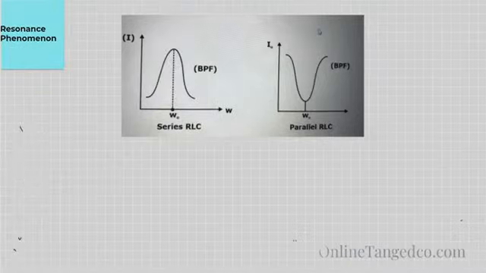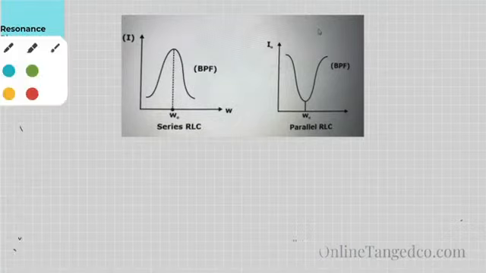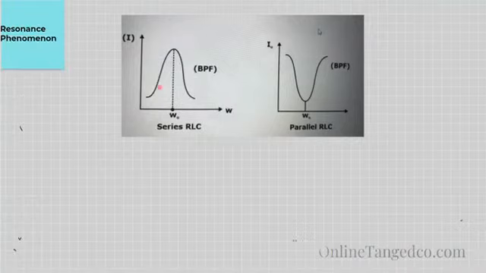Now let me tell some details about the graph that I have drawn. Here in this graph, you can notice that there is a frequency at which the current is high, and in a parallel circuit, there is a frequency where the current is low. So this frequency is called the resonant frequency for series, and this is the resonant frequency for parallel.